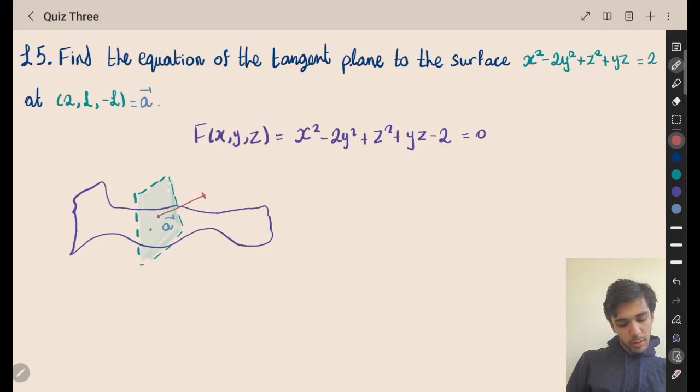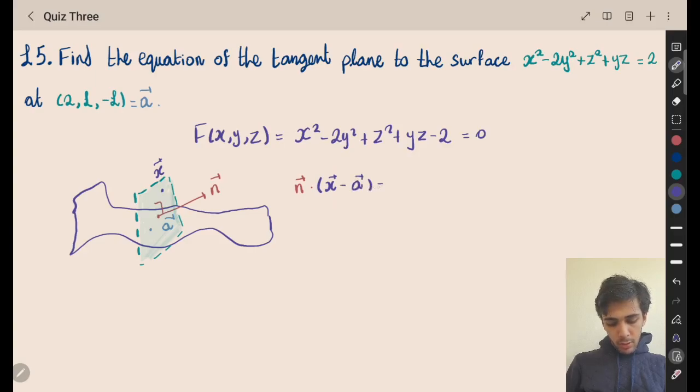It's normal to it, in the sense that it makes a 90-degree angle with this nice plane that we have here. So this is a normal vector. And I want any point x on this plane to satisfy n dot product with x minus a to be equal to 0.